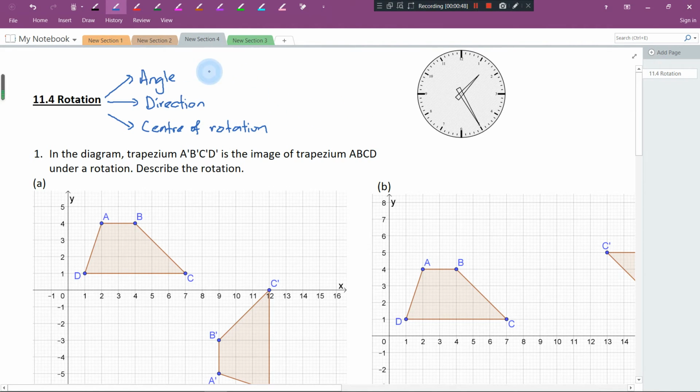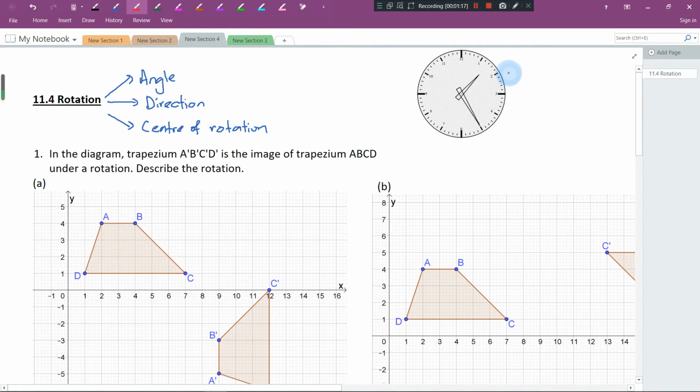If the rotation is 180 degrees, you can state the direction as clockwise or anti-clockwise, because if you rotate an object 180 degrees clockwise and you rotate an object 180 degrees anti-clockwise, they will give you exactly the same image.